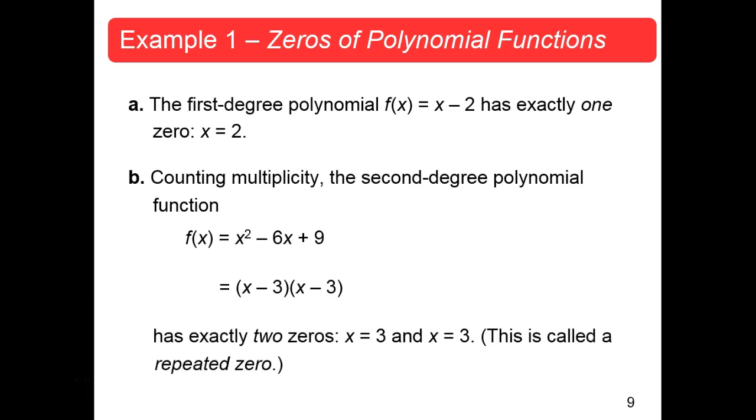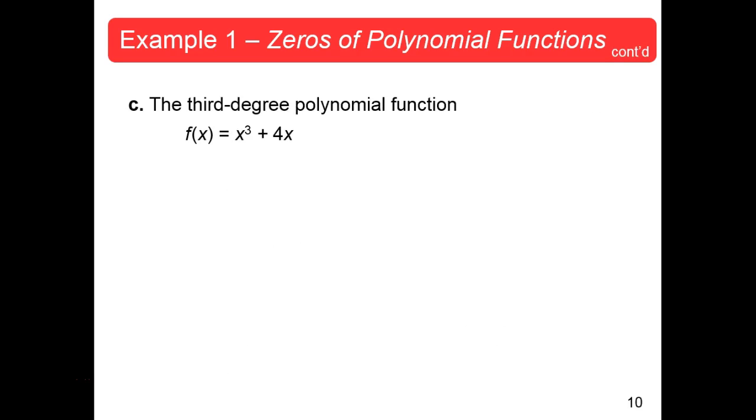Well, they didn't even set it equal to 0. Shame on them. But they factored it and came up with 2 zeros, even though they hadn't set it equal to 0. And that's called a repeated 0, multiplicity of 2. They really needed to, because they're not zeros unless you have an equal 0 out there. Okay.